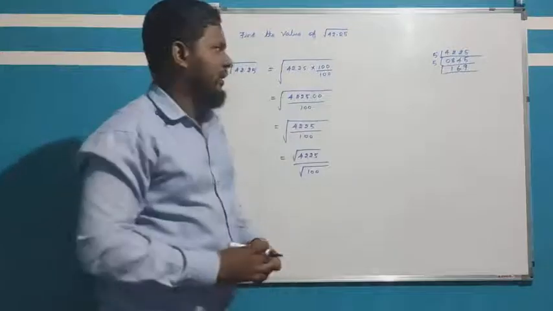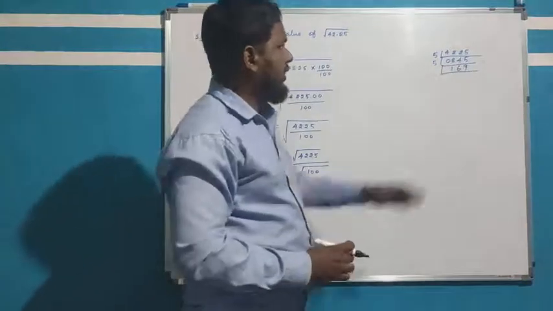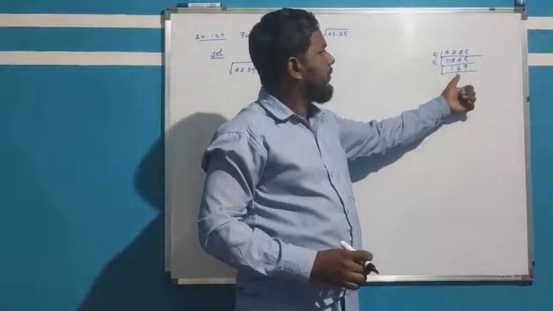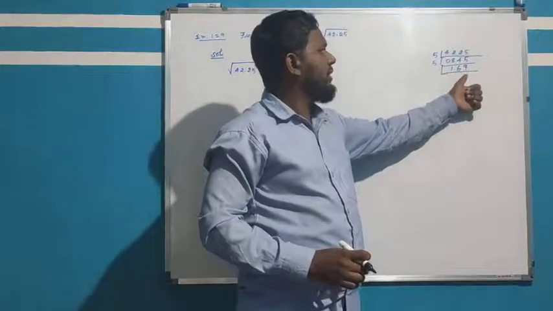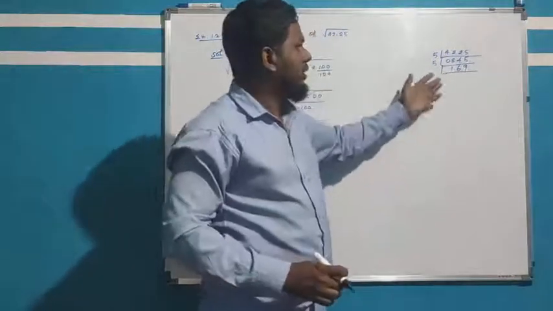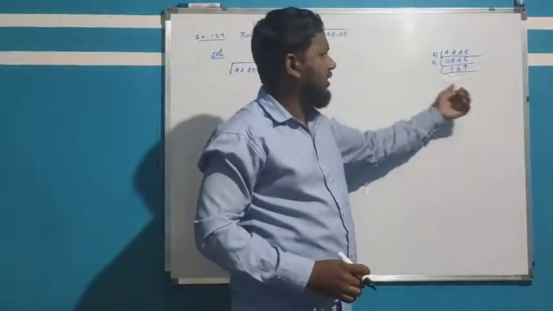Again odd. Which table can we take? Third table: 3 threes are 9, 5 threes are 15, balance 1, so 19; 90 can't, so the third table can't. Fifth table can't.